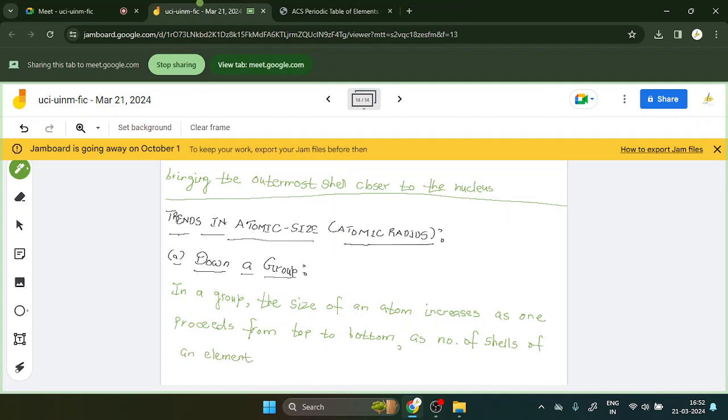The rest of the reasoning you can write by yourself. I don't need to write that because I have already explained everything.